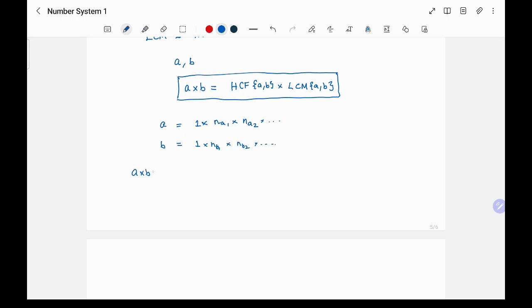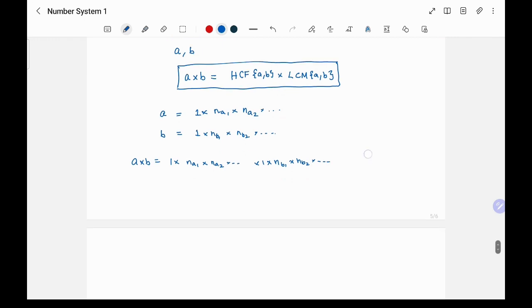So A into B will be what? 1 into Na1 into Na2 and so on, into 1 into Nb1 into Nb2 and so on. These are prime numbers. Now HCF we can find. HCF is whatever the mapping is.